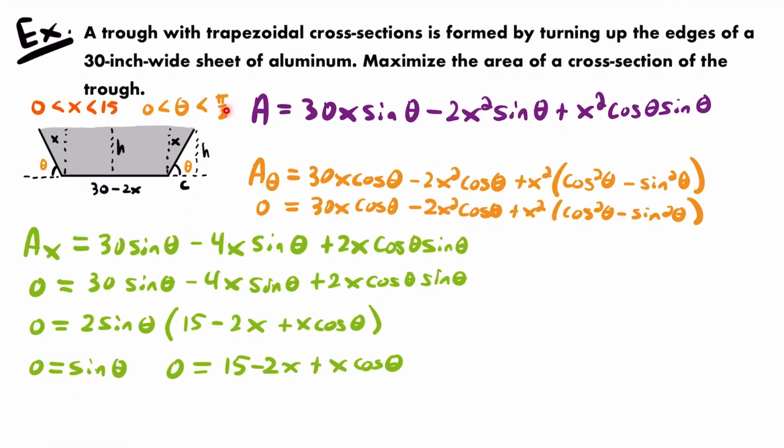Well, on the interval that we're working with here, where theta can only be between 0 and pi divided by 2, nothing, right? Sine is equal to 0 at theta equals 0, theta equals pi, 2 pi, 3 pi, and so on. None of those angles are in this interval. So there's actually no solutions from this that we are interested in. Okay, we are not interested in theta equals 0 because if theta equals 0, we don't have a trough.